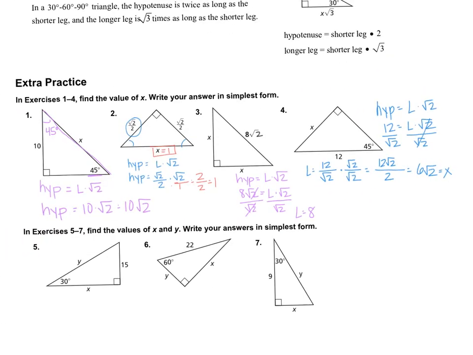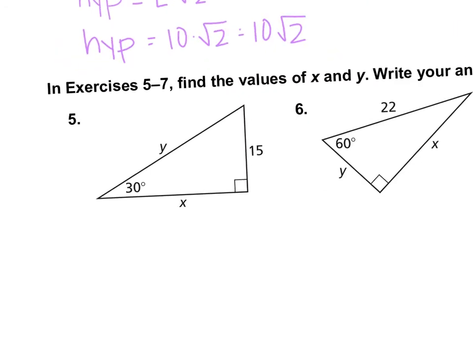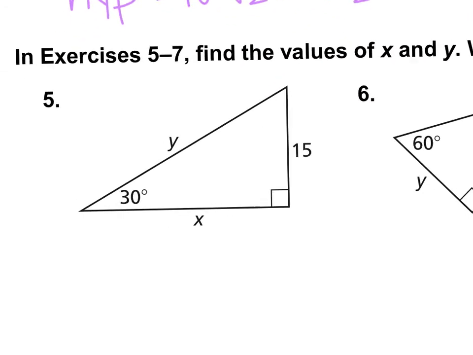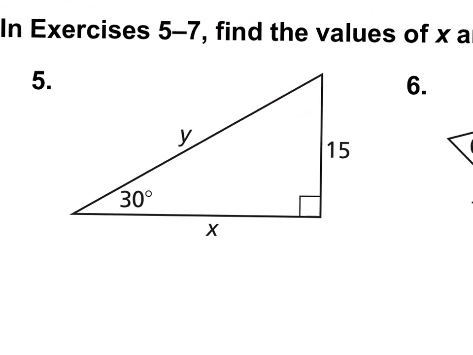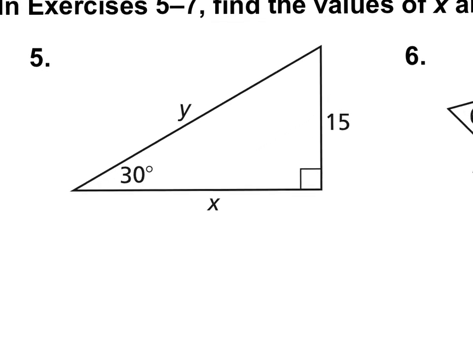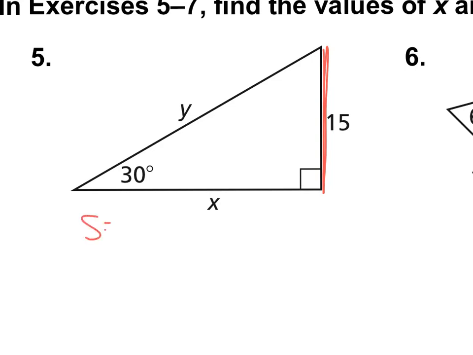Okay. All right, let's move on down here to 30, 60, 90s. Okay. All right, so this time we have two unknowns. All right, let's first identify, is this side right here that it gives us, is this the shorter side or the longer side? Good, it's the shorter side. So you know our short side is equal to 15.